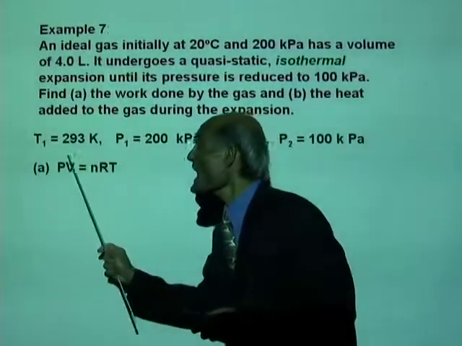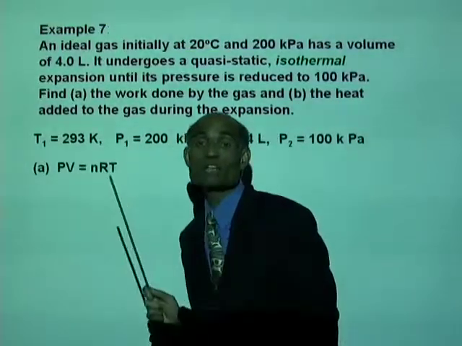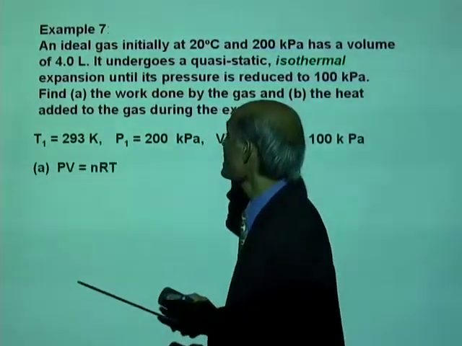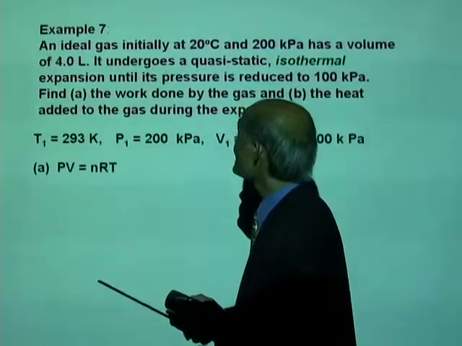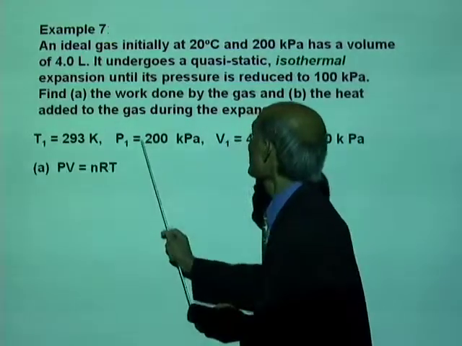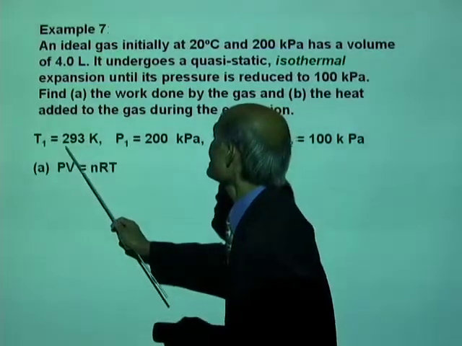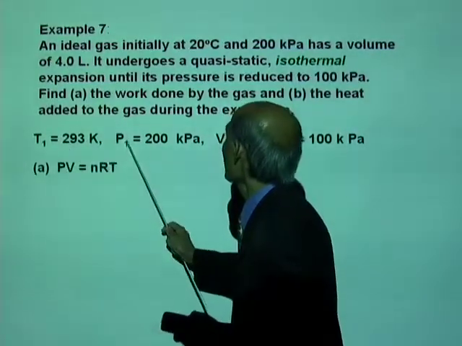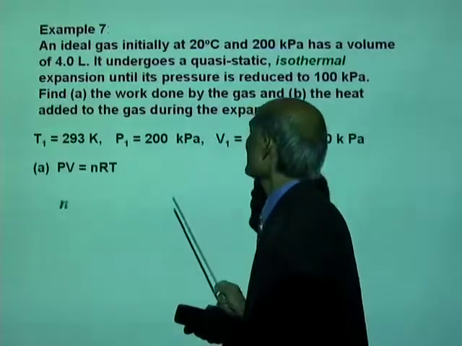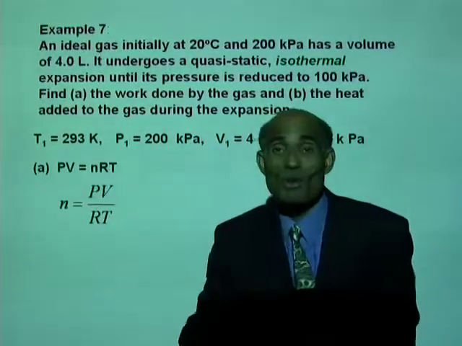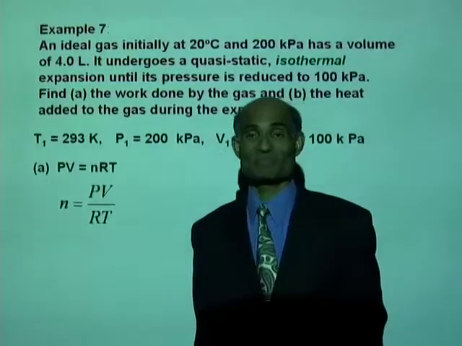Now, you can see how useful our ideal gas equation is. We got PV equal to nRT. So, if you look at stage 1, we got T1, P1, and V1. Therefore, we can now find the number of moles of that gas.